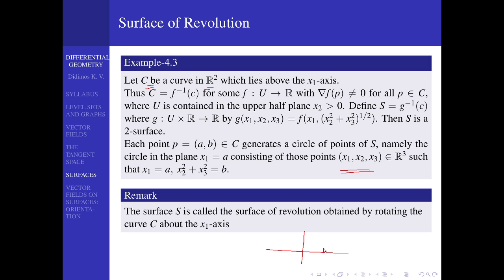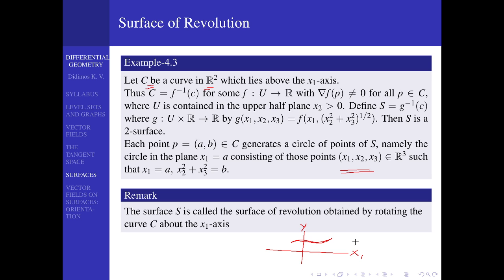So we start with a plane curve, this is x and this is y, and we choose a plane curve in R2. Now C is equal to F inverse c for some F from U to R with del F P not equal to 0 for all P belonging to C. Because C is a curve with these properties, we choose U contained in the upper half plane, x2 greater than 0.